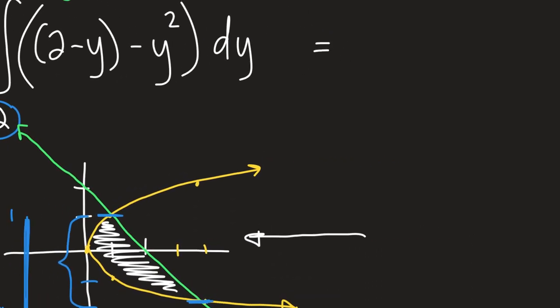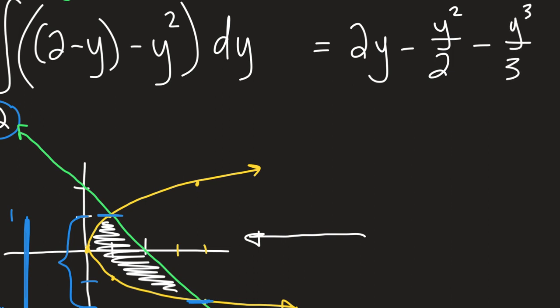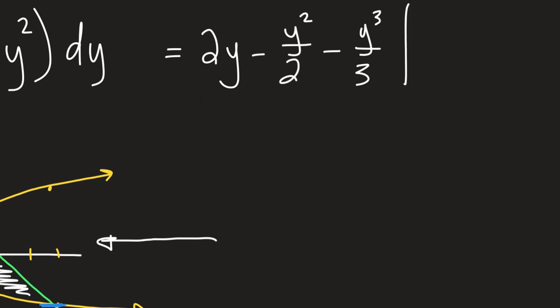So what is the antiderivative of 2? Well, that's 2y. Right? The antiderivative of y is y squared over 2 minus the antiderivative of y squared is y cubed over 3. And we're going to evaluate this from negative 2 to 1. Okay, so we antiderive with respect to y, so all of your derivatives or antiderivatives have y's in them.